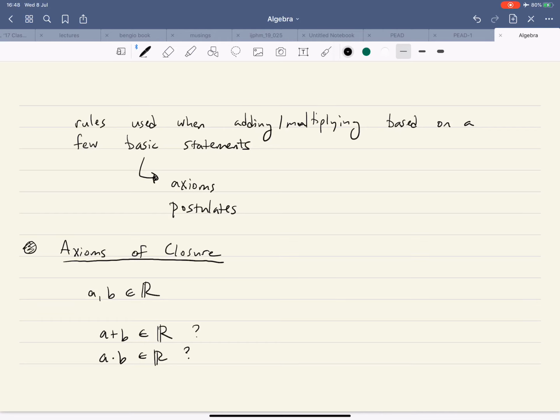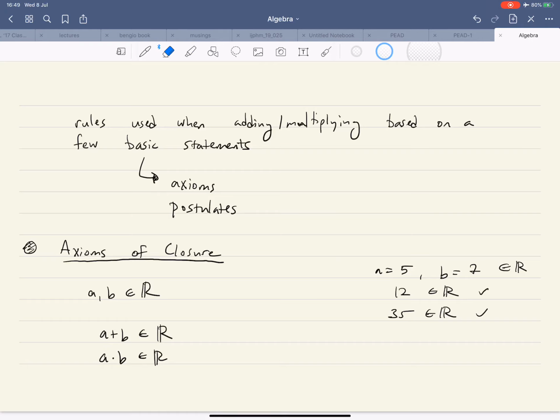Well, let's consider an example. Let's say that a equals 5, b equals 7. These are both clearly real numbers. When I add these together, I get 12, which is also a real number. When I multiply these together, I get 35. That's also a real number. So maybe now my intuition tells me that if I take two real numbers and I add them or I multiply them, I'm going to get a real number.